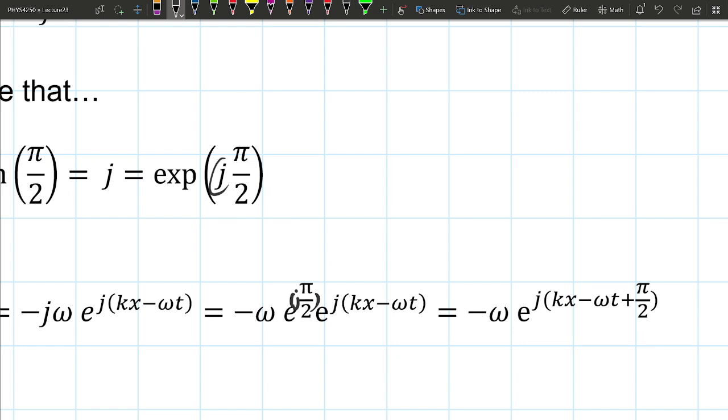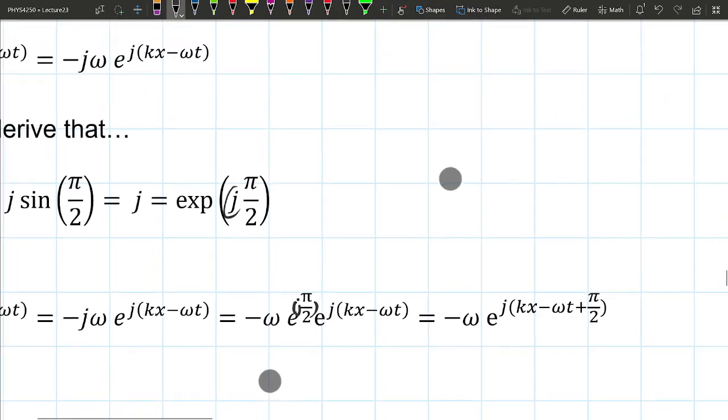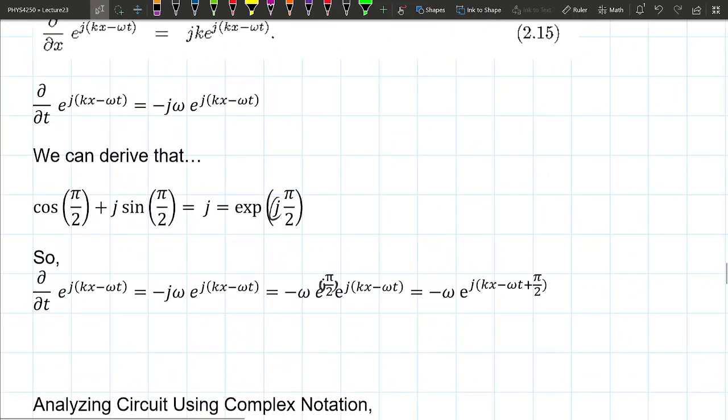Well, this is nice. Multiplying exponentials together is easy. You just add them together. Since this is a positive number, I just stuck it to the end because it has the same factor of j in front of them. So when you differentiate an electromagnetic wave with respect to time, you get the same thing, but with just a pi over 2 shift in the argument of the sine or cosine function.